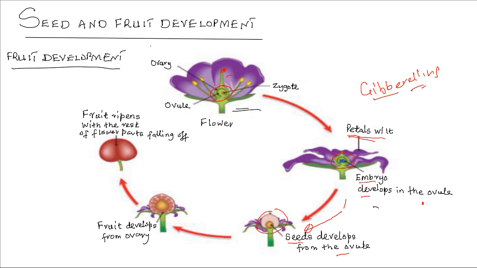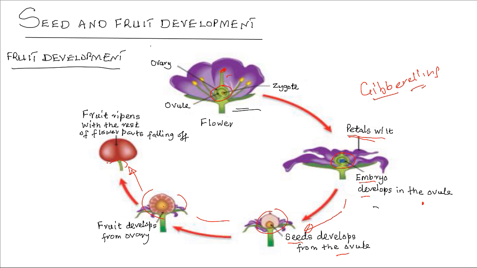So, as the fruit is developing, simultaneously within the fruit we'll have the seed developing, such that by the time the fruit is mature, the fruit will ripen and the rest of the flower parts will have fallen off. This fruit plays the role of protecting the seeds and also aiding in their dispersal.